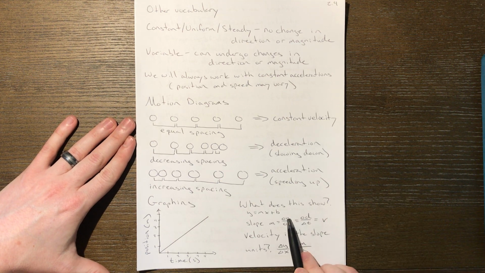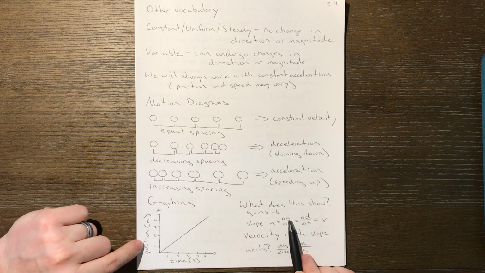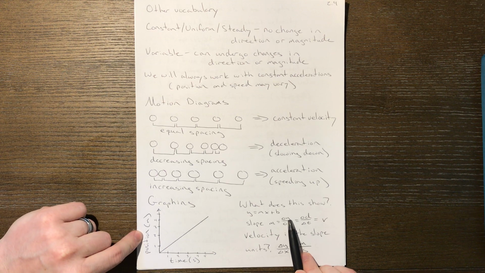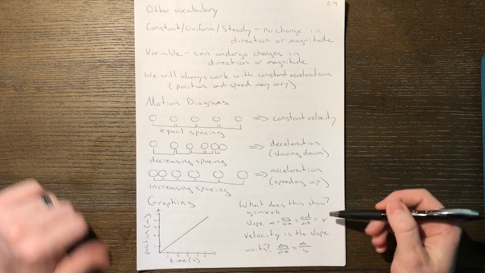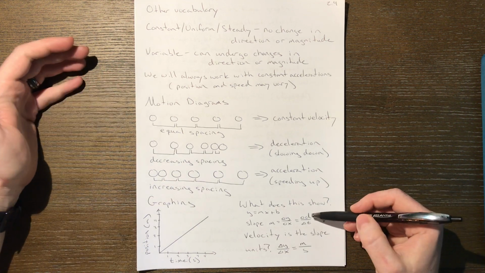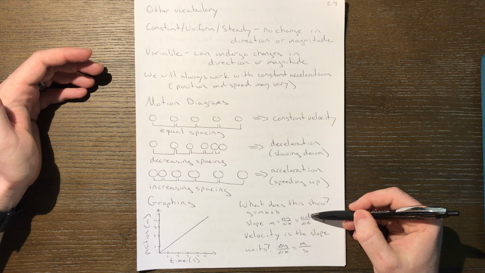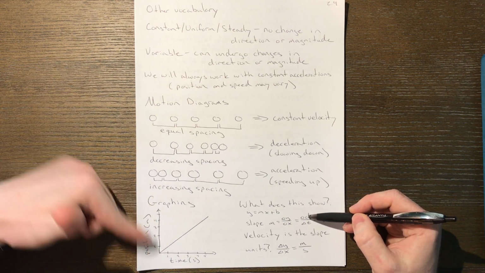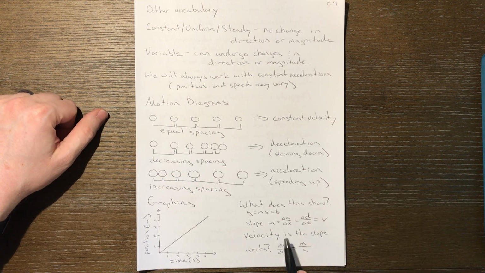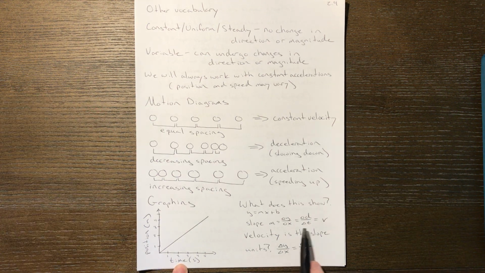Well, if we consider our y coordinate, we've got position on our y-axis. Change in y is given by change in d, that is the letter that we use to describe position or displacement. So we have displacement as our change in y, and on the x-axis we have change in time.